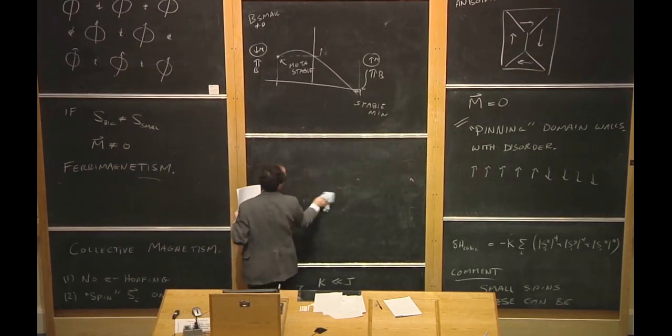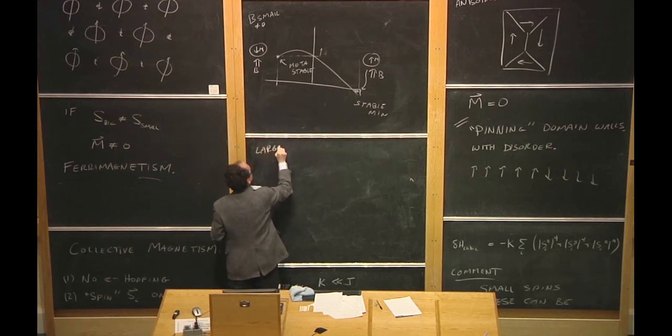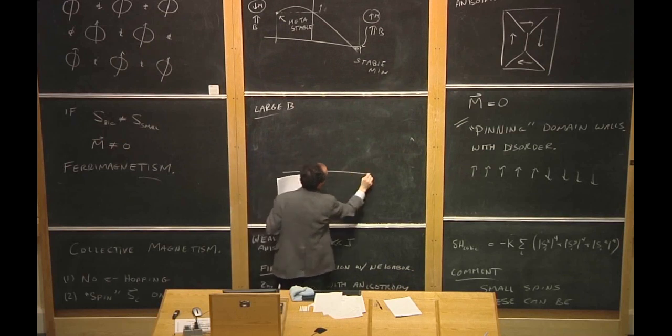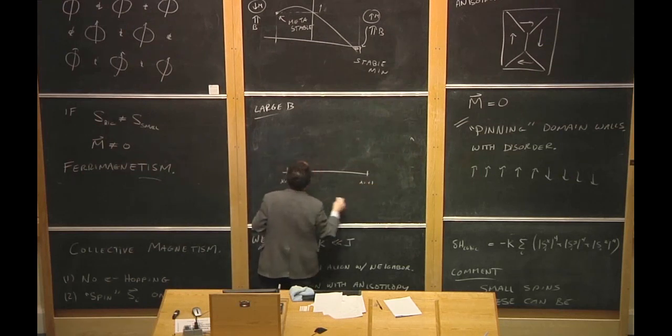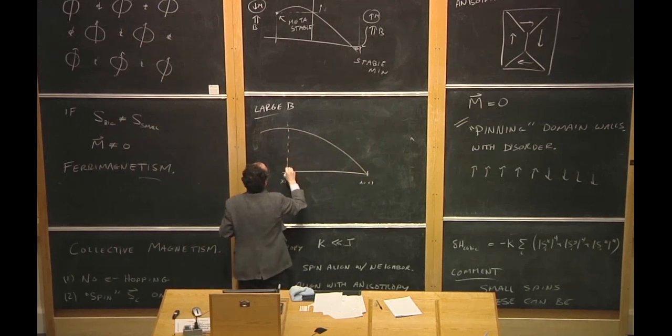So now we have a large magnetic field, large B. Again, we have a parabola, but the maximum of the parabola has been shifted all the way off to the left. This is x equals minus 1. This is x equals plus 1. And the maximum of the parabola is way over here, off the plot.